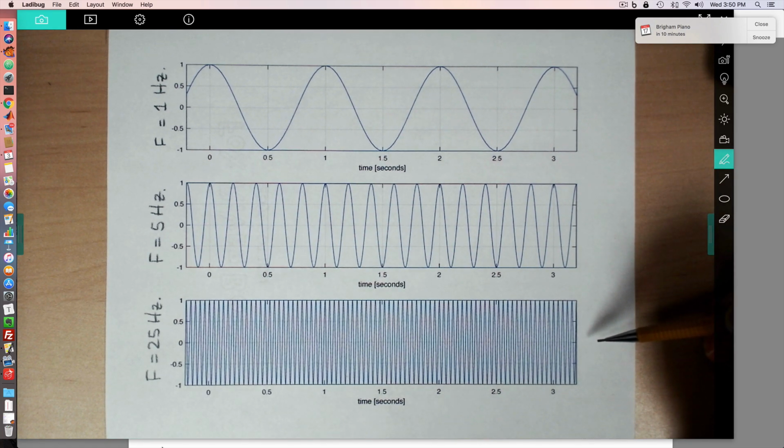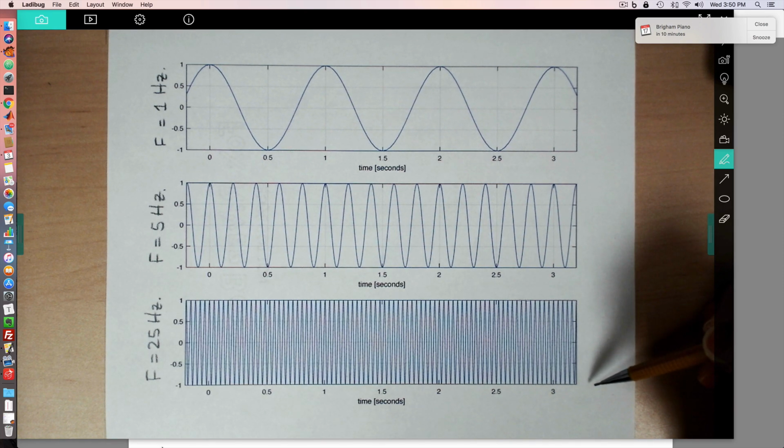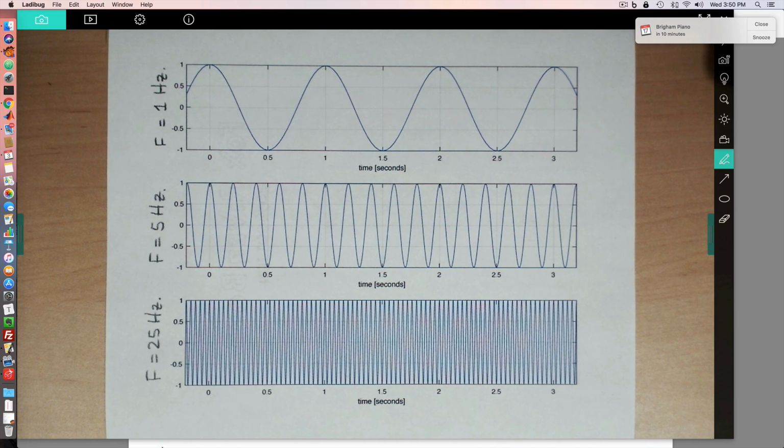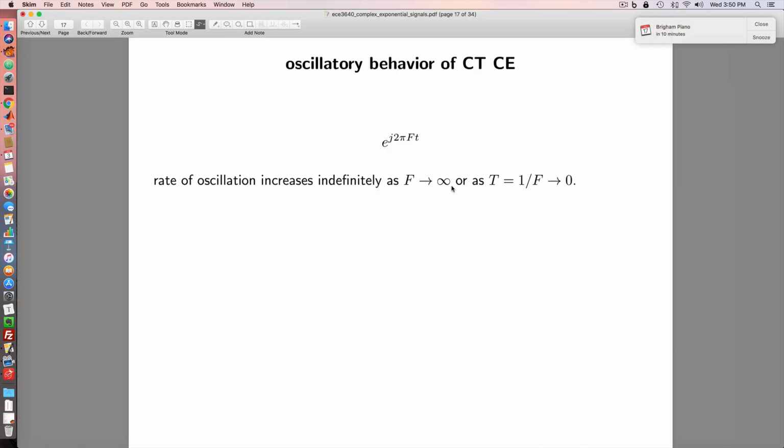And this continues on indefinitely for continuous time signals. The higher the frequency, the higher the rate of oscillation, the smaller the period, and that just continues. As f goes to infinity, the period tends towards 0, and the rate of oscillation increases.